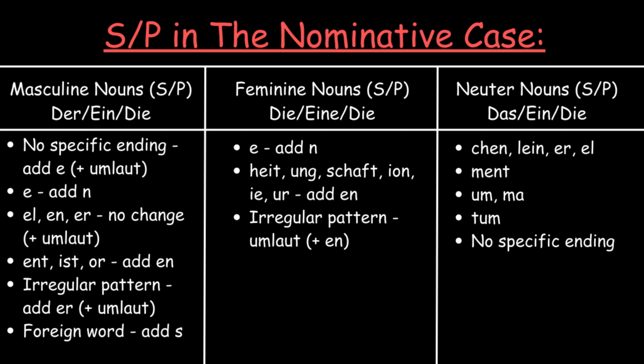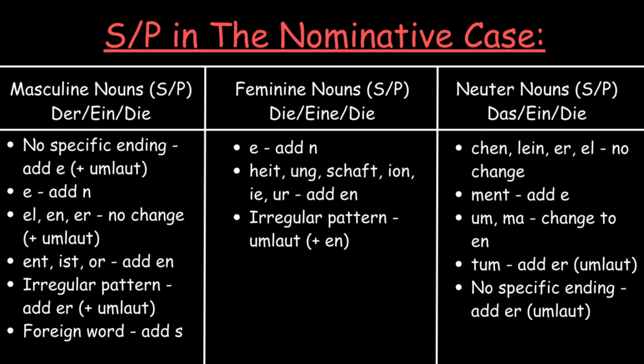If a feminine noun ends in e, add n. If it ends in heit, ung, schaft, ion, ei, ur, add en. If it has an irregular pattern, there will be an umlaut and sometimes n will be added. If a neuter noun ends in chen, lein, l, there is no change.